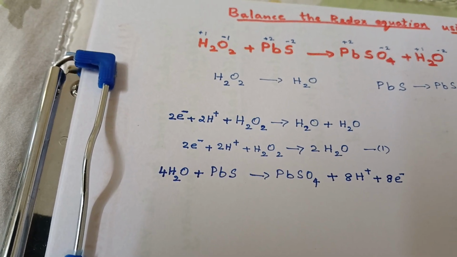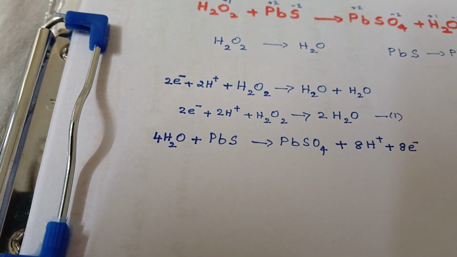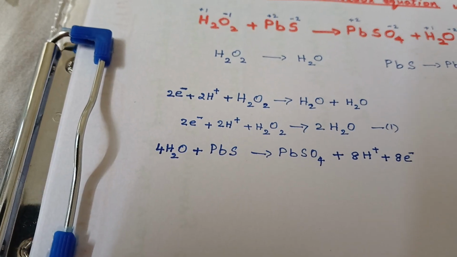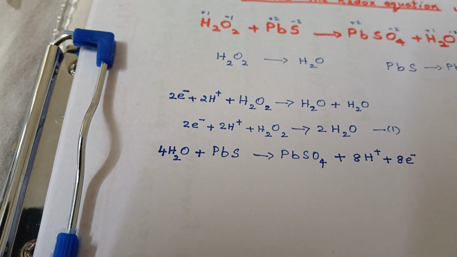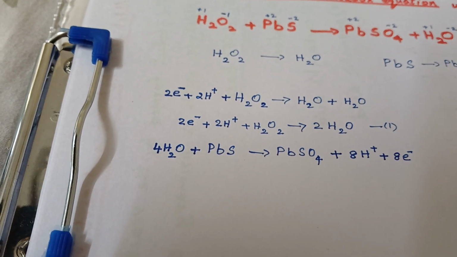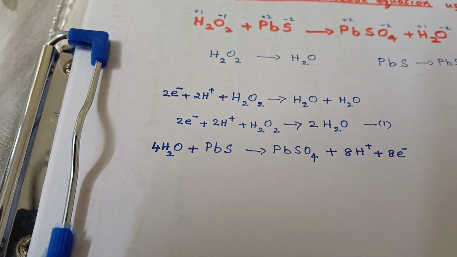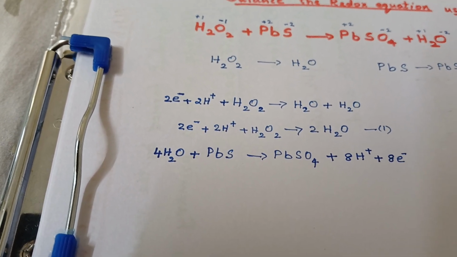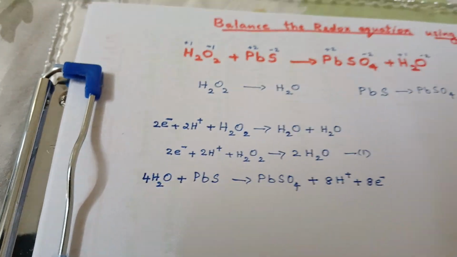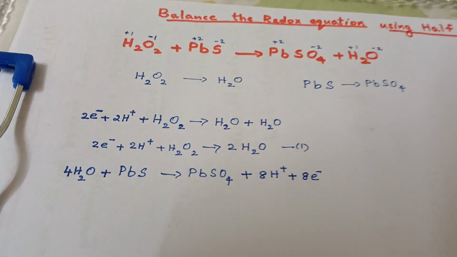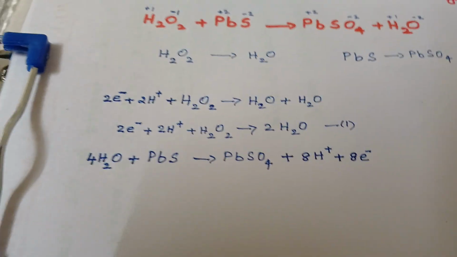But now we have a problem. We need to make the number of electrons the same, because oxidation and reduction is the removal and acceptance of electrons. How many electrons are removed, that many are accepted. So we need to make the number of electrons the same, and you don't find electrons in a balanced equation.